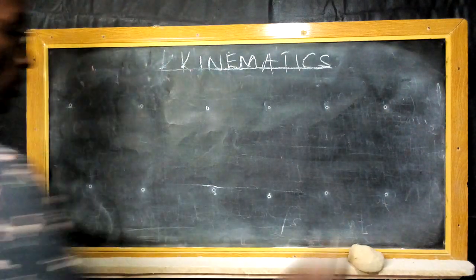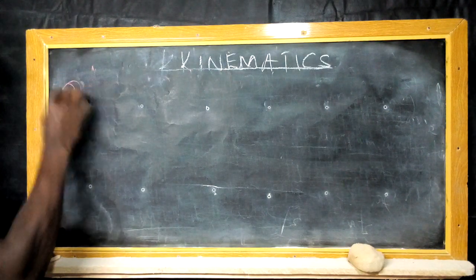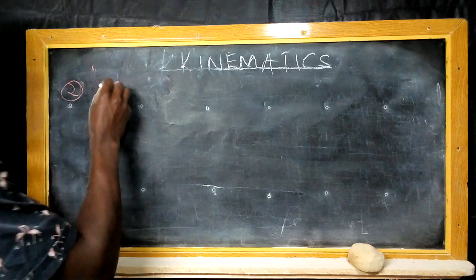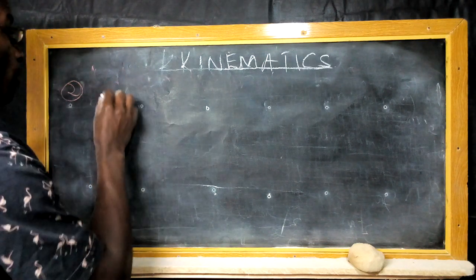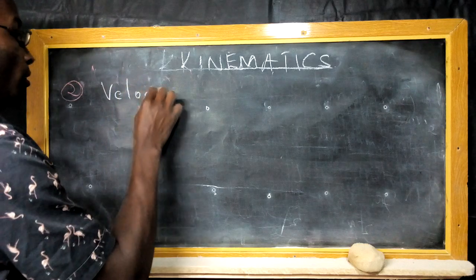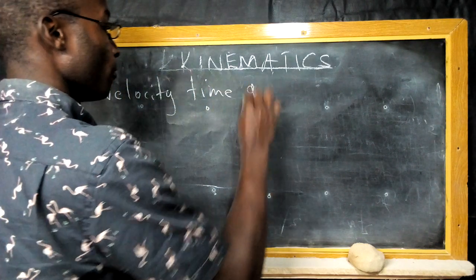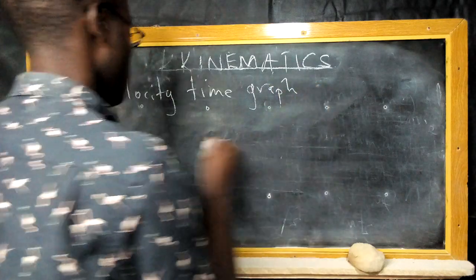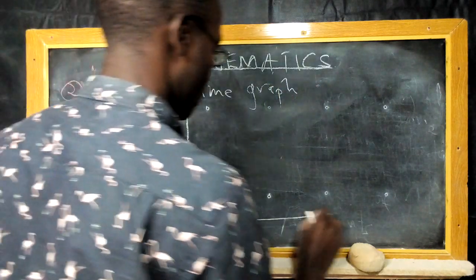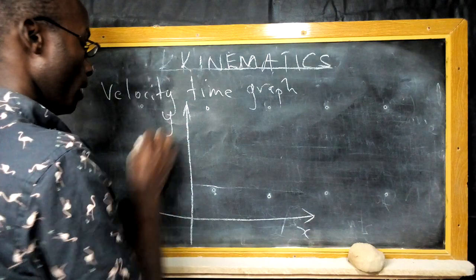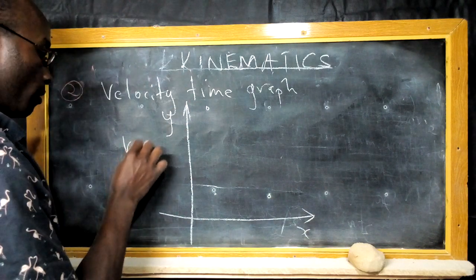We shall look at the second one, which is the velocity time graph. We talked about the acceleration time graph, so the second one is the velocity time graph. This means the x-axis will contain time, while the y-axis will contain velocity.